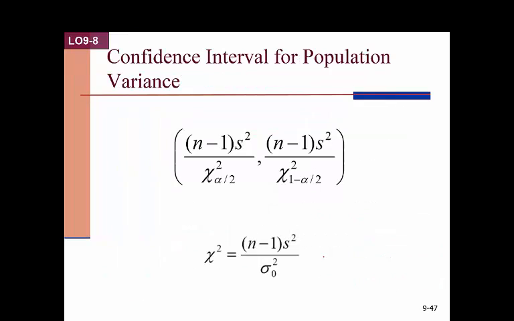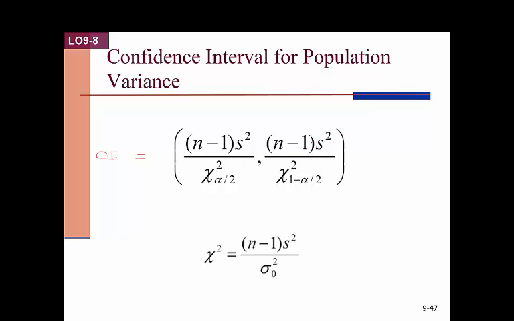Okay, and you can compute a confidence interval, CI, with this formula. Again, this is given on a formula sheet. During the test, you will have access to it. Or you can use Minitab. Right, it's sample size minus 1 times the sample variance divided by the chi-squared critical value.